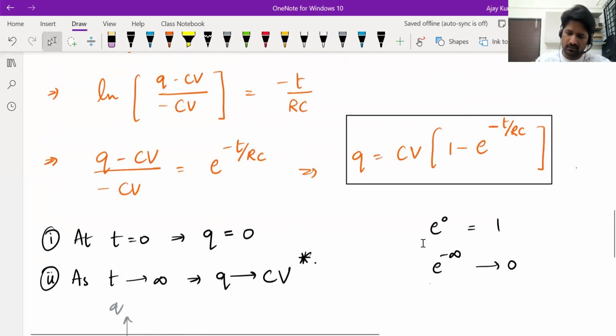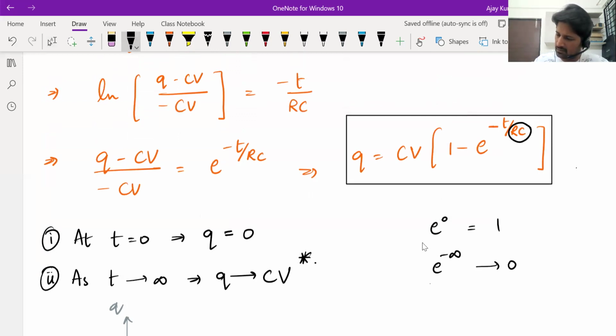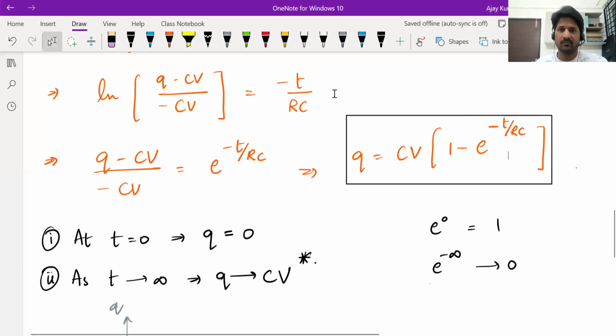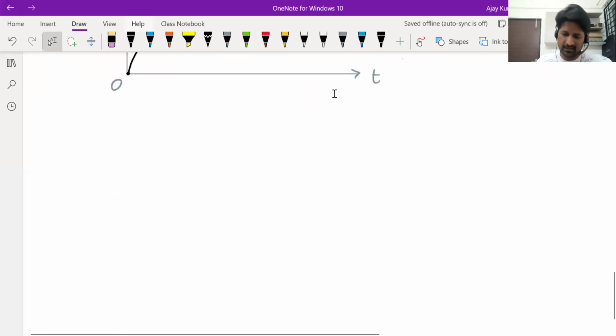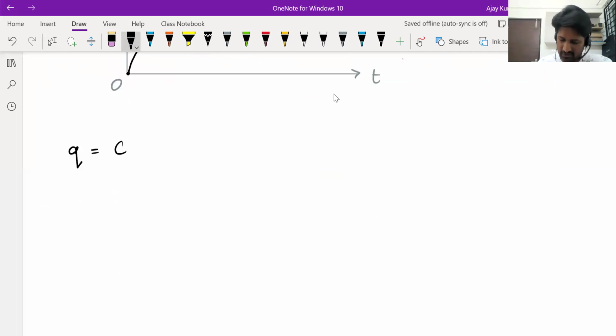Now, some of you may have studied this already. What is this term RC called? No idea? Okay, let it be, no problem. It's called the time constant of the circuit. We got Q is equal to CV into 1 minus e power minus t by RC. RC can be replaced with tau.